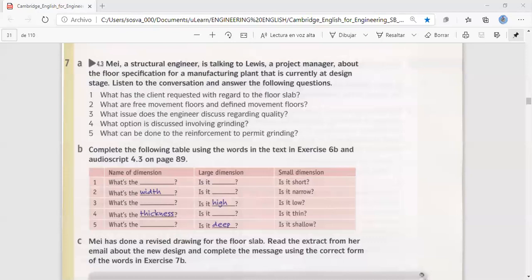Okay. So, until this part of the conversation, May and Lewis were discussing the specifications, the future plans of these super flat floors, talking about the manufacturing plan and the AGVs. Yes. So, in the first question, they were asking us, what has the client requested with regard to the floor slab?